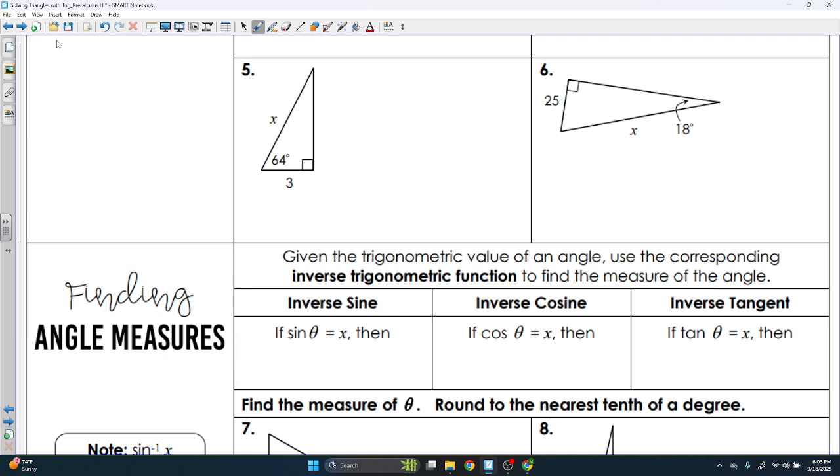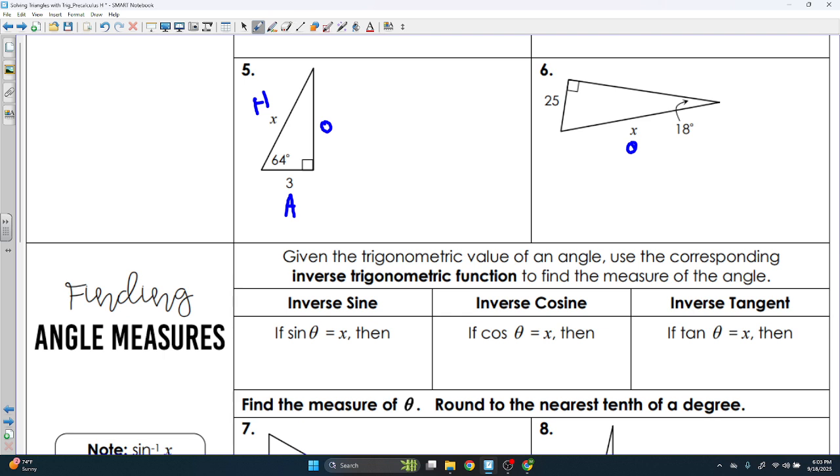1, 2, 3, 4, 5. Okay, so this is pretty good. I think that you'll be pretty much okay with these. Let's talk about what we used to set up this one. So here's opposite, here's adjacent, here's hypotenuse. Make sure you talk to somebody if that's not good with you. It should be good with you.